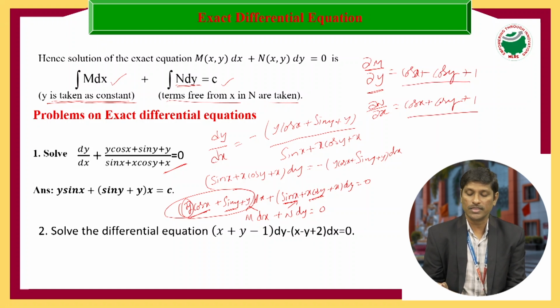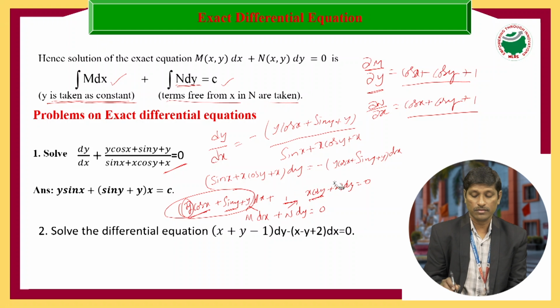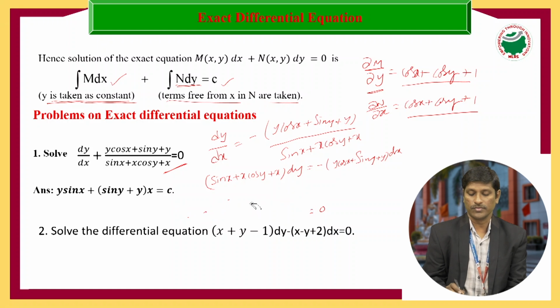So simply we say that the given equation is exact. First we said exact, but we need to find the solution here. For finding the solution, we have integral m dx plus integral n dy plus constant equal to c, right?